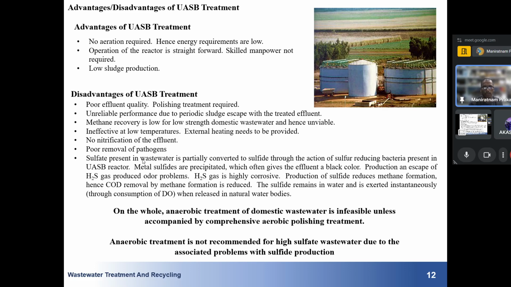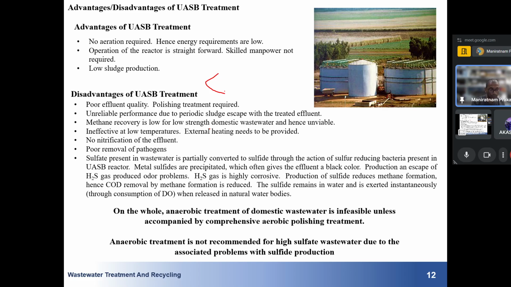So this is another thing, that at low temperature, again we have seen that not only do we have to remove organic matter, but we have to see that a certain temperature is required, because some particular temperature is required for anaerobic bacteria to act.